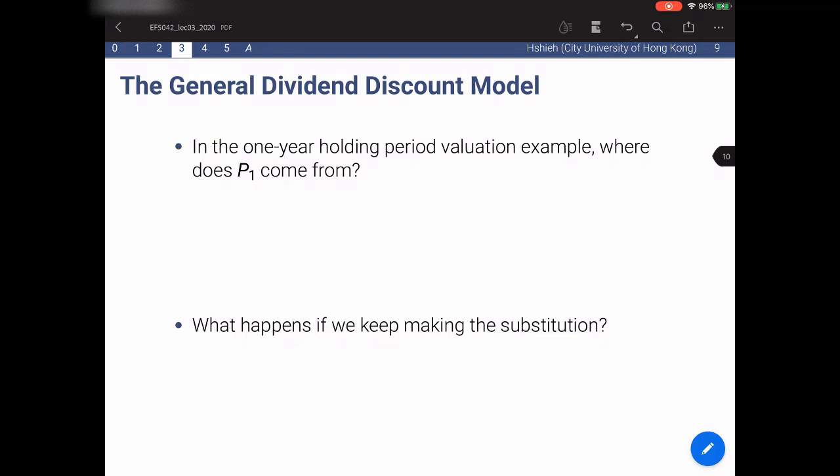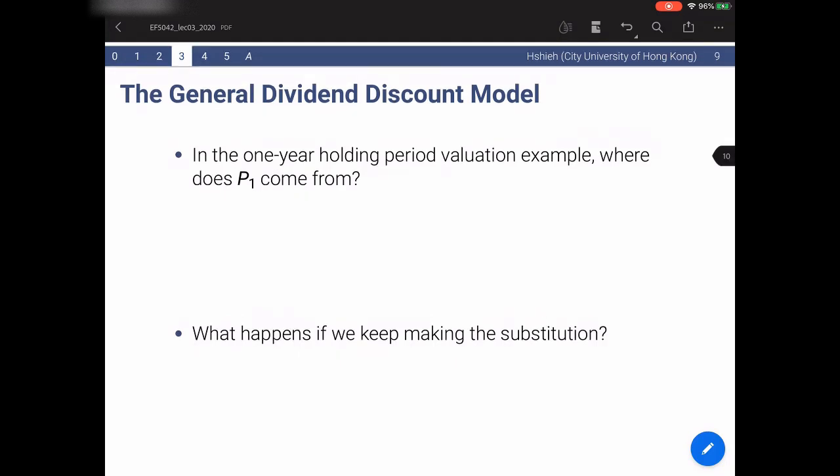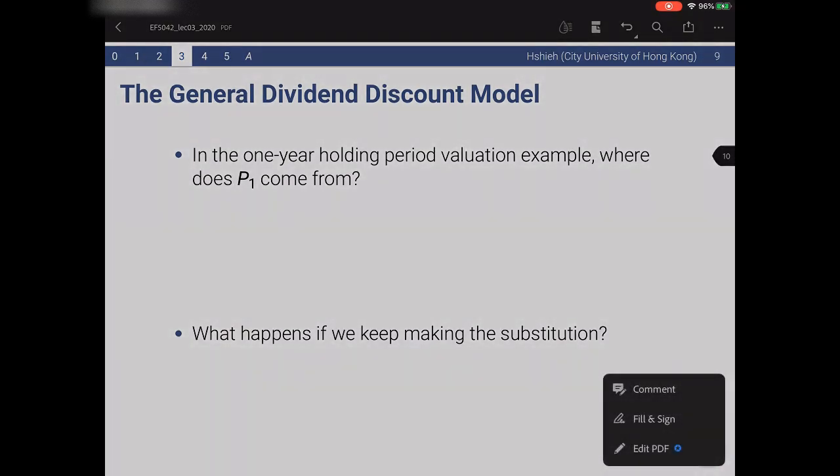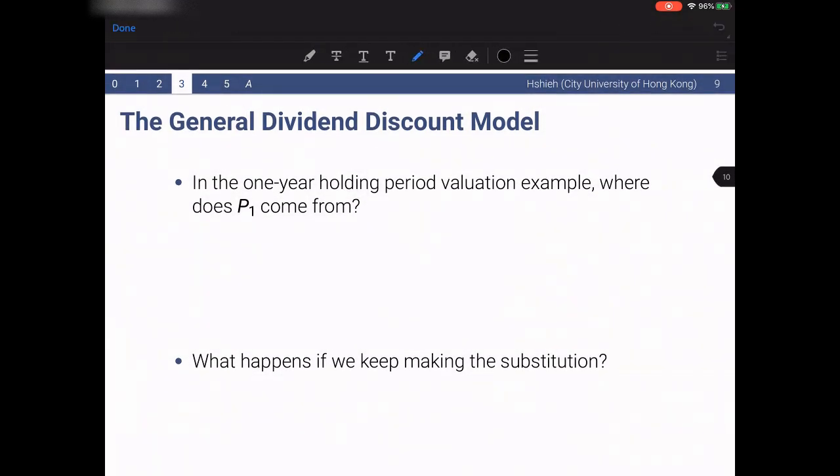All right, so recall from the previous example, we had a 1-period model, in which the price today at time 0, P0, is equal to dividend payments 1 year from now plus the price of the stock 1 year from now, discounted at 1 plus RE.